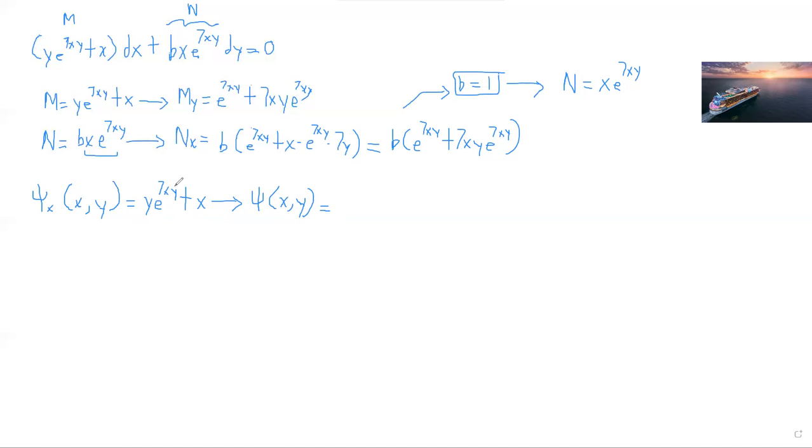I'm going to treat y like a constant. Y times 1 over 7y e to the power of 7xy plus 1/2 x squared.